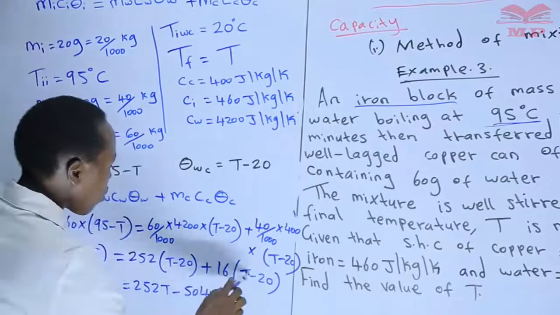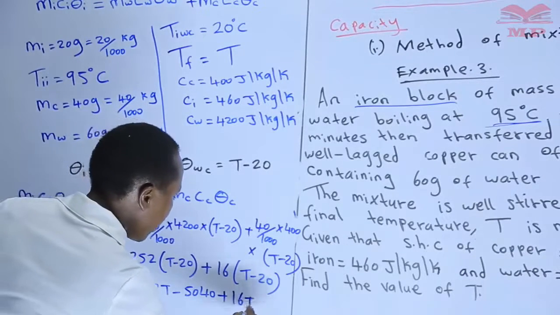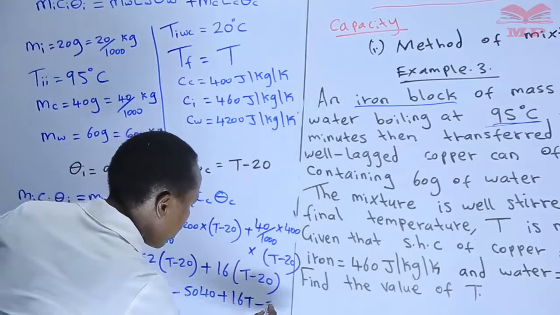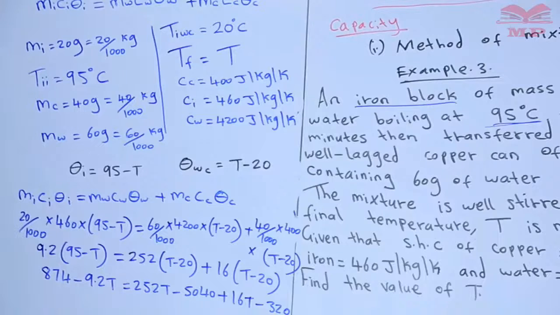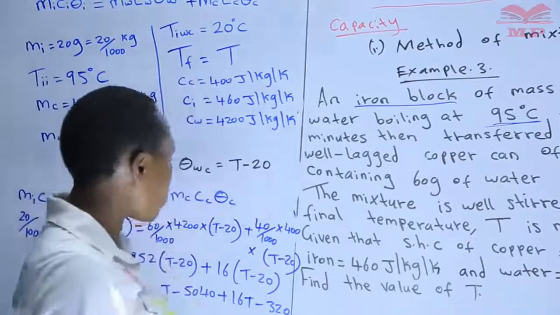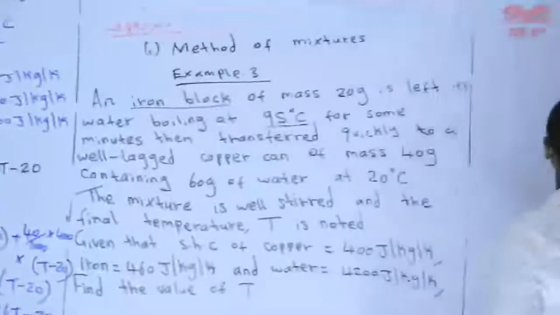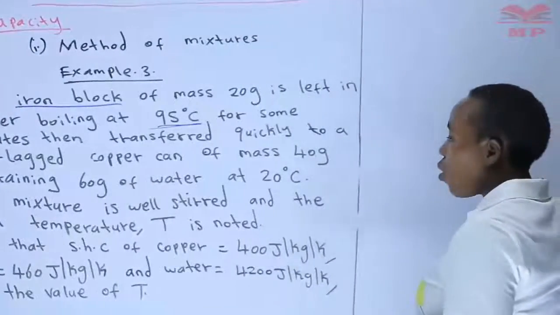Then plus, open here, we have 16T minus 16 by 20, which is 320. So that's how our equation will look. Then now we can bring the like terms together so that we'll be able to get the value of T.